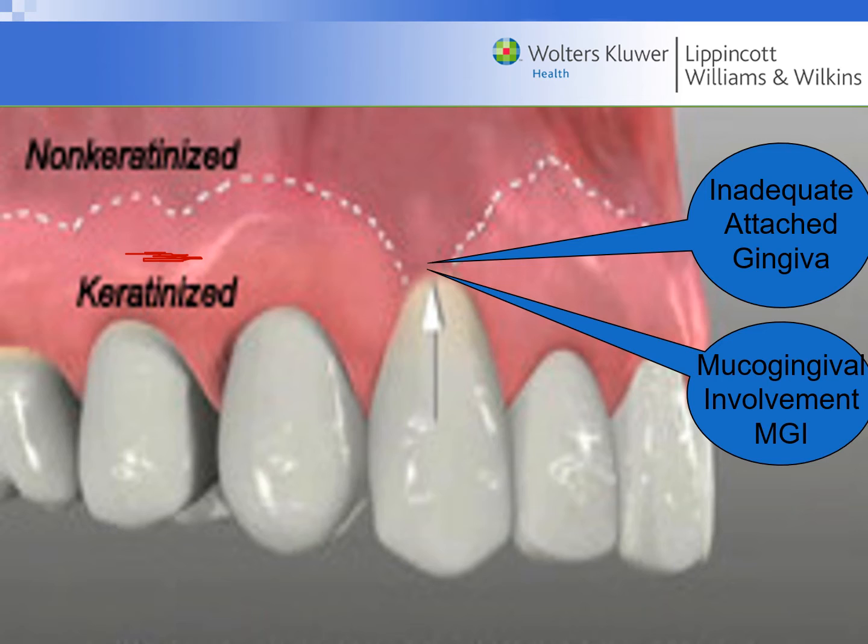So this particular tooth, here's the mucogingival line, and all of a sudden it goes down to here and then here. If you probe this, it goes right into the alveolar mucosa, and that shouldn't be. So they would have MGI, which is mucogingival involvement.